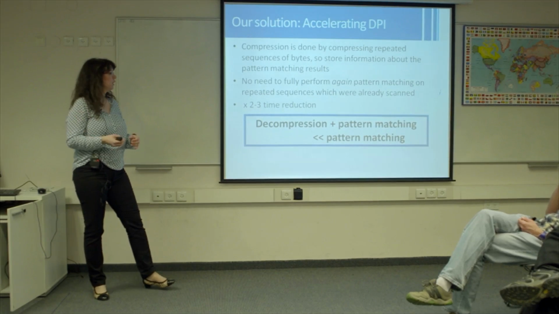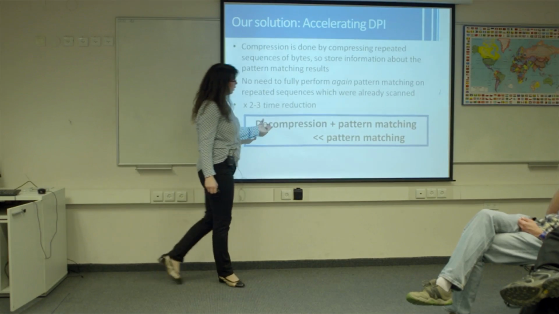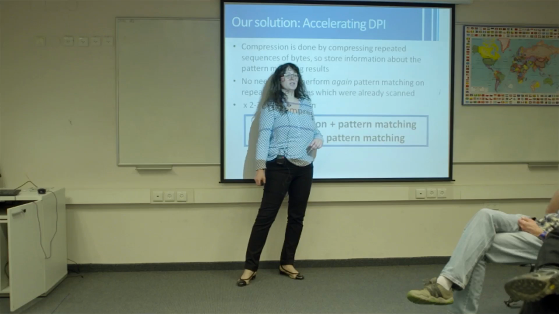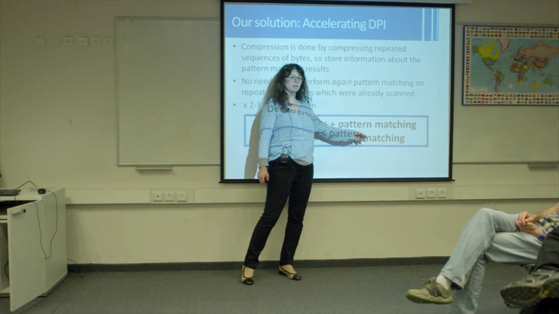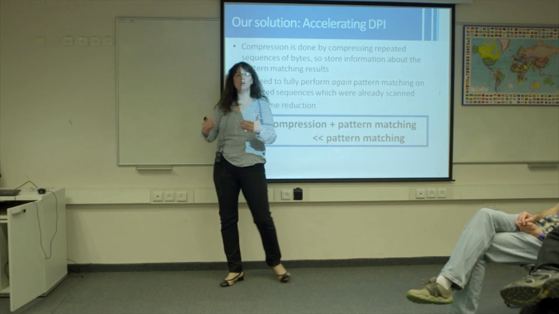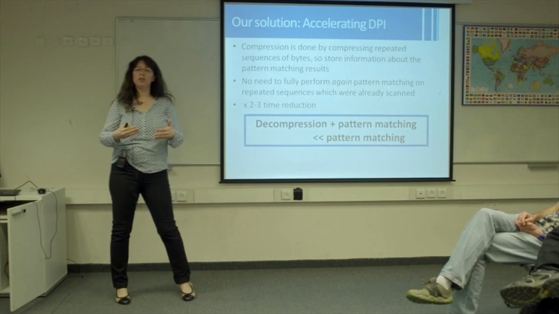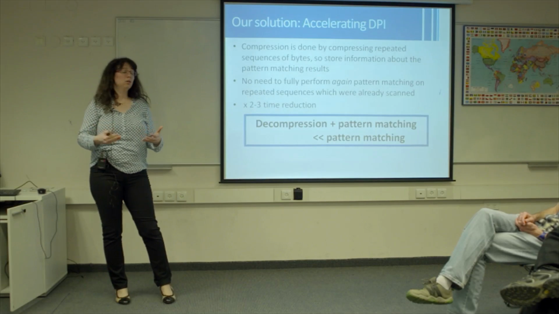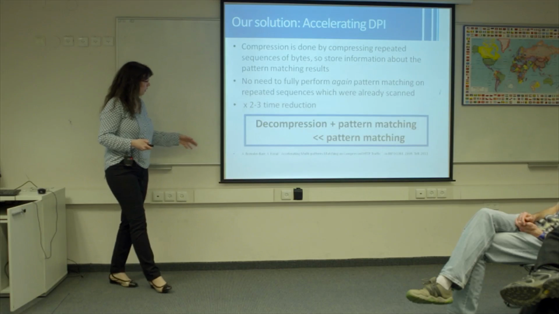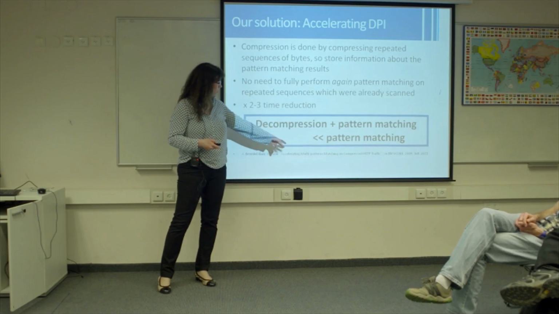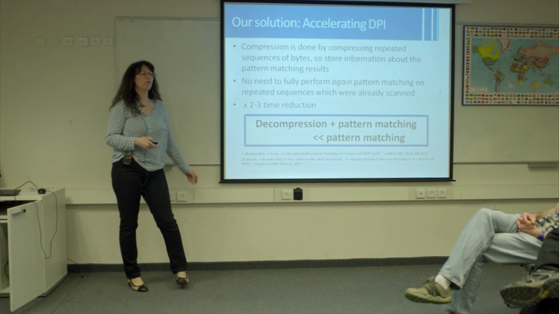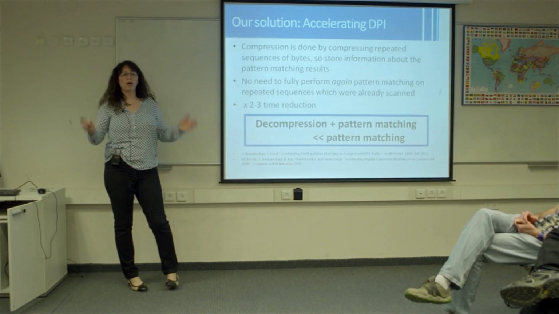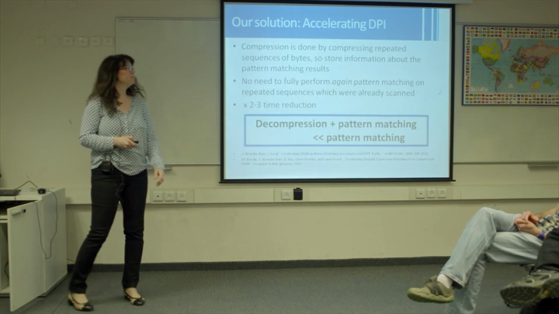And the observation is that when you decompress and do pattern matching, in fact, you are much faster than doing pattern matching alone, because you can use the information from the compression. Okay? The basic idea was 6 years ago, on string matching, and now in the coming Infocom we have a paper on how to do it with regular expressions, NFA and DFA.